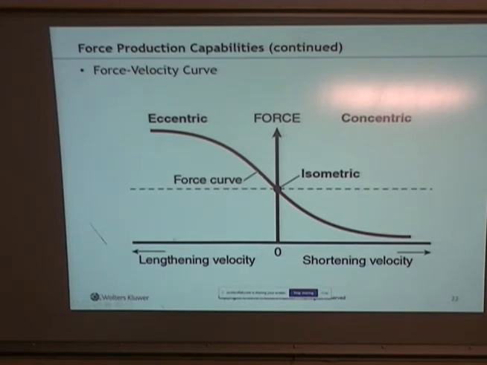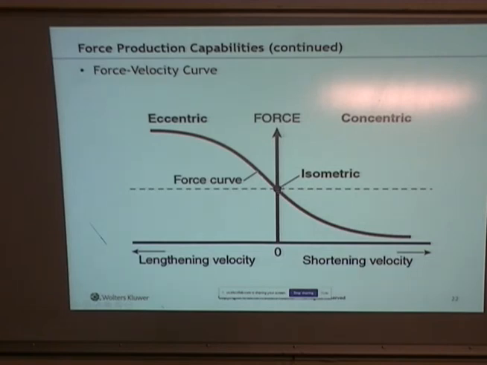Going to the left is lengthening velocity, so eccentric action. At the point where the curve crosses the y-axis, there's no velocity. So the black dot here, as the curve crosses the y-axis, represents isometric action.